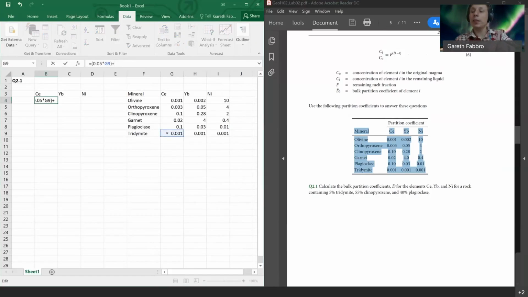Then we put in brackets the next one, 55%, so 0.55 multiplied by the clinopyroxene coefficient, 0.1, plus 40% plagioclase, so 0.4 multiplied by the plagioclase partition coefficient, and we calculate it, it's 0.9505.